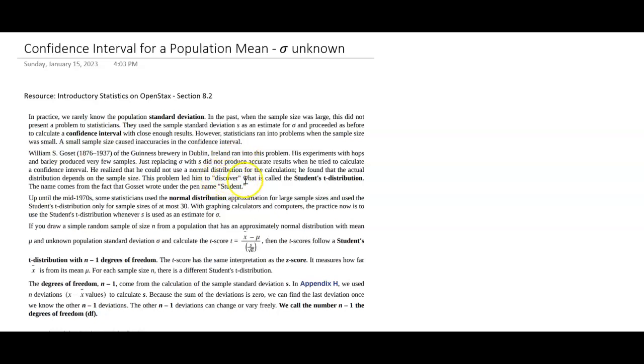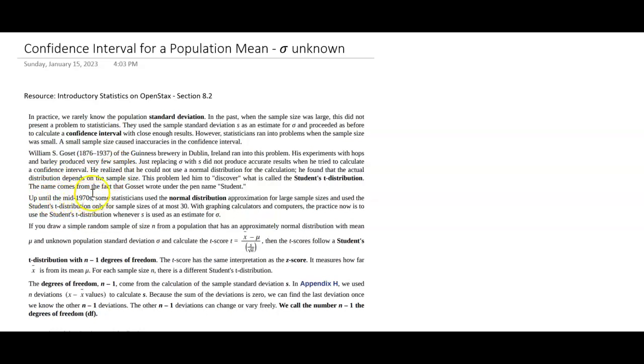So he created his own distribution, the Student distribution, and because Guinness wanted publishing rights, he couldn't publish it under his own name. So they had to call it something different. So he has a pseudonym, and we call it the Student's t distribution or the t distribution.